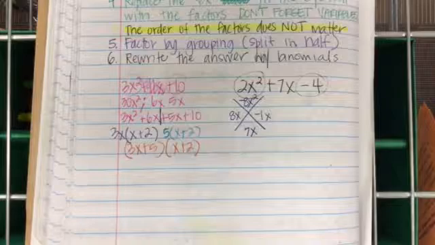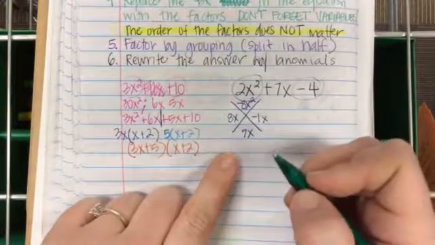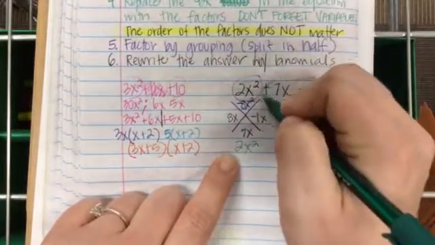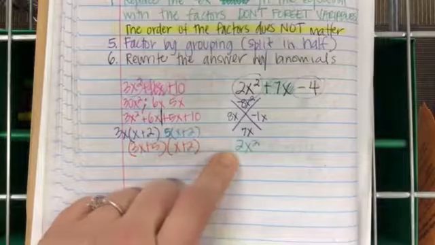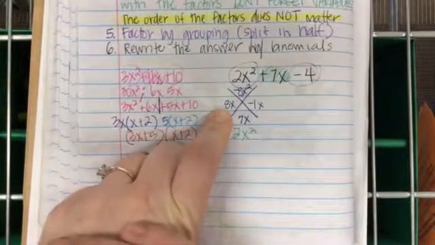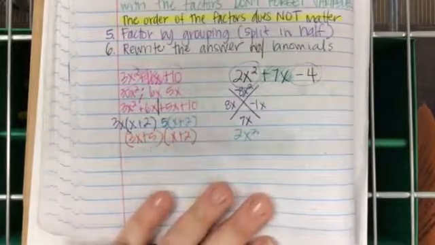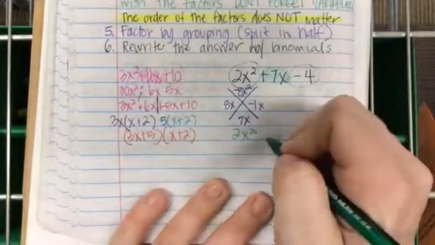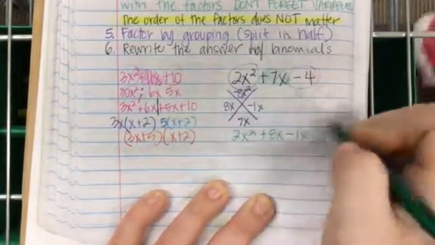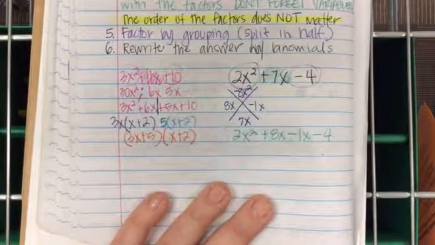And then I am on step 4, so I replace. So 2x squared, and instead of 7x, what am I putting? 8x and negative 1x. Which one goes first? Doesn't matter. Plus 8x minus 1x minus 4. Right?